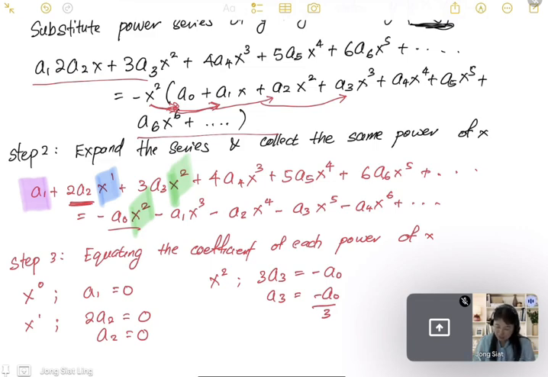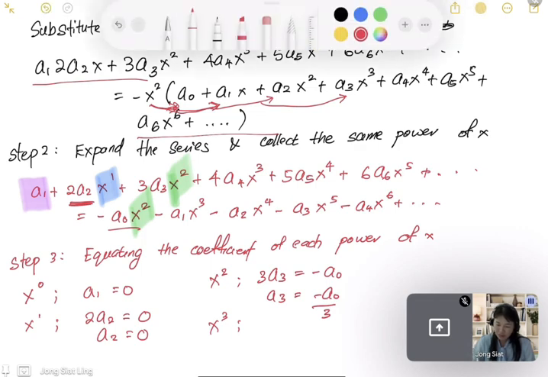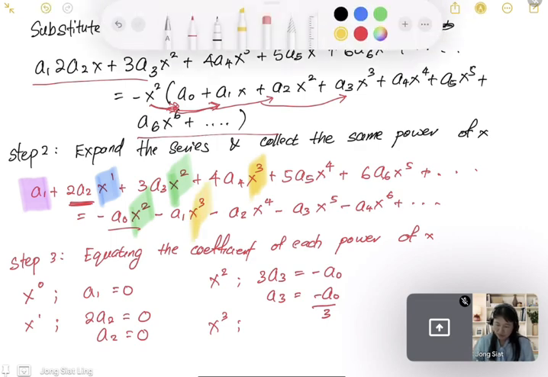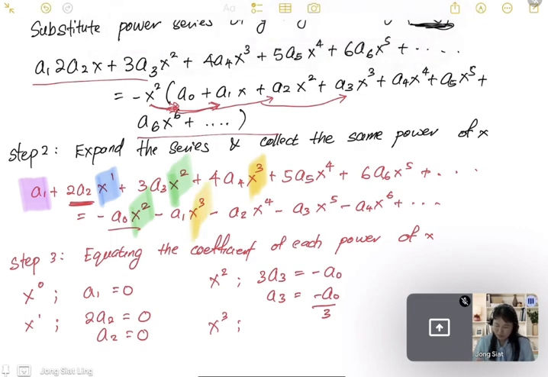Then I continue with x power of 3. X power of 3 is this one and this one. So that I can write down, left hand side I have 4a4, and the right hand side I have negative a2.